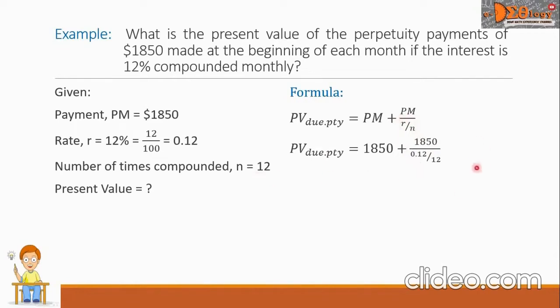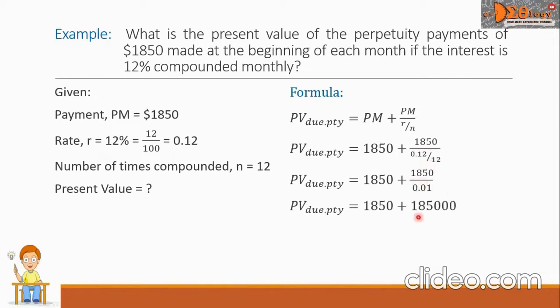Let us simplify further. Let us begin with this denominator. 0.12 over 12 will give us 0.01. And then let us simplify this fraction, 1850 over 0.01, and we will get the value 185,000.